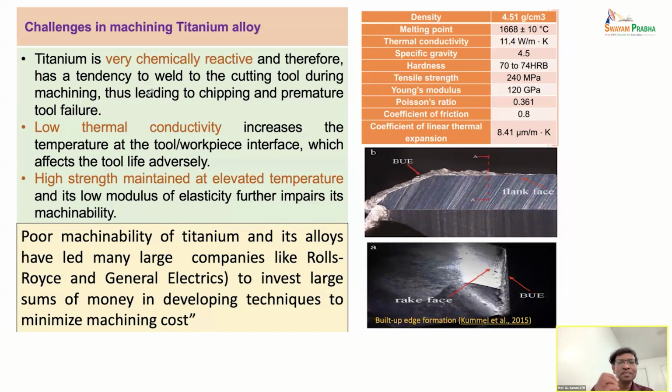So that is the reason these are called difficult to machine materials. The machinability is very low. But now there are companies like aircraft manufacturing companies which have been spending a lot of money to develop technologies to increase the machinability of these kinds of materials.